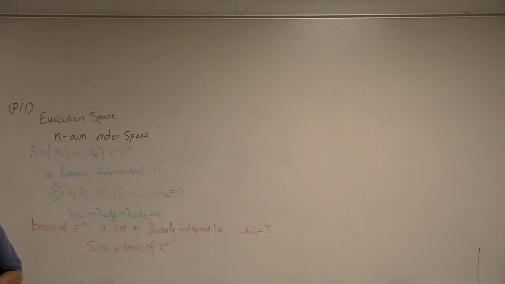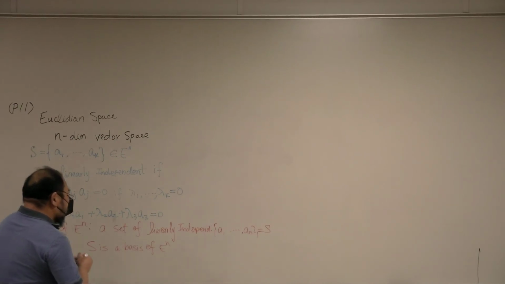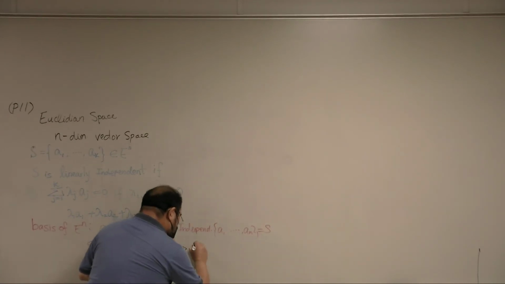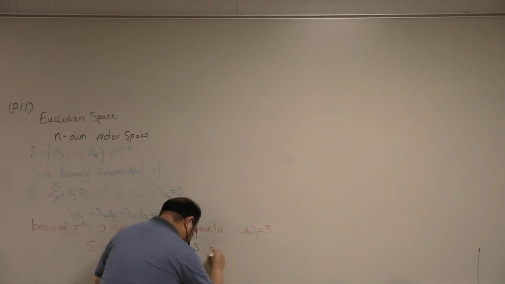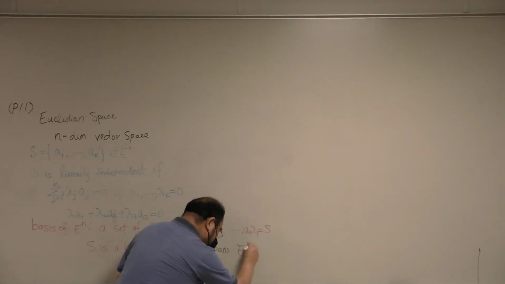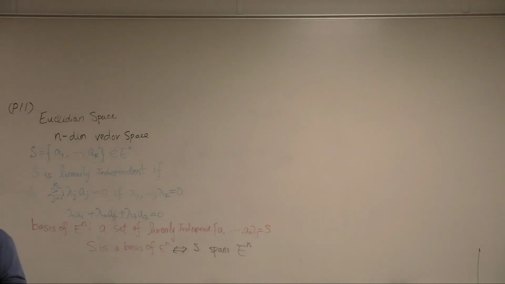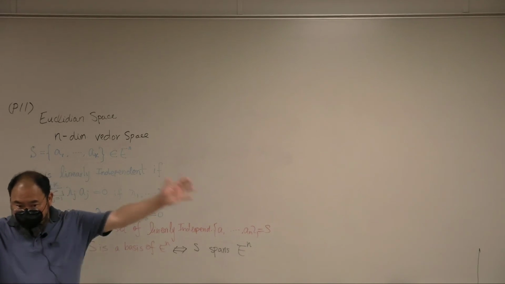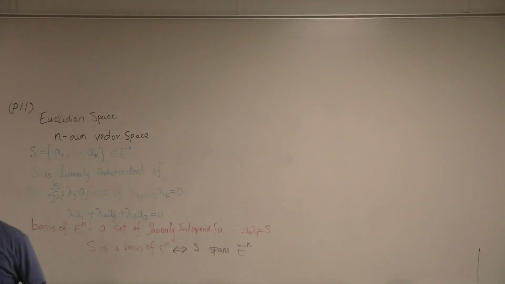In other textbooks, they refer to this as equivalent to saying S spans En, which means the linear combinations of A1 to AN represent the entire space of n-dimensional Euclidean space.